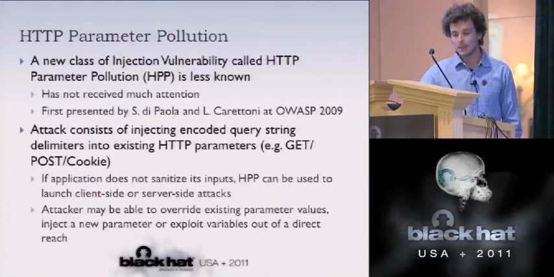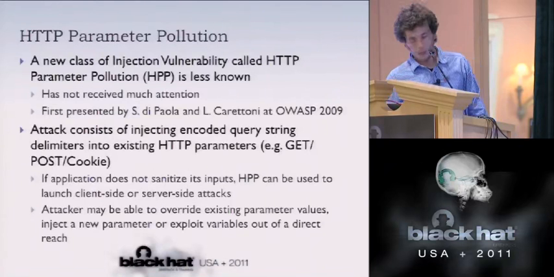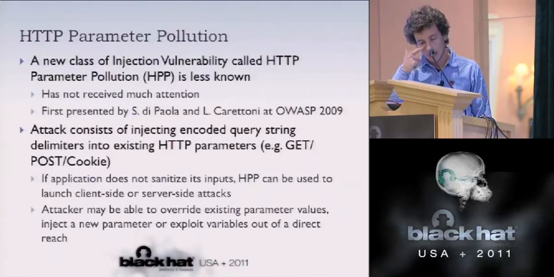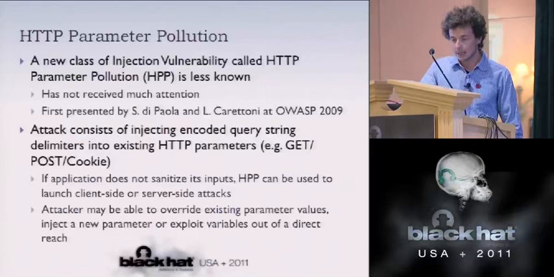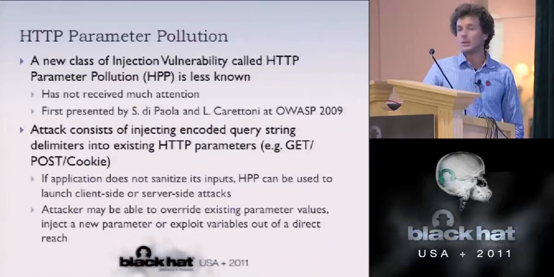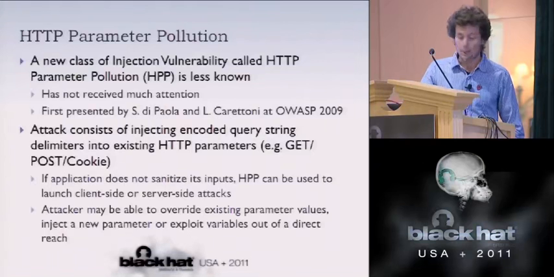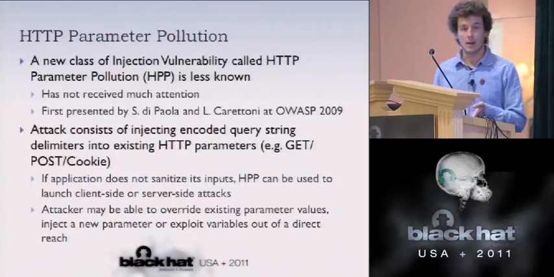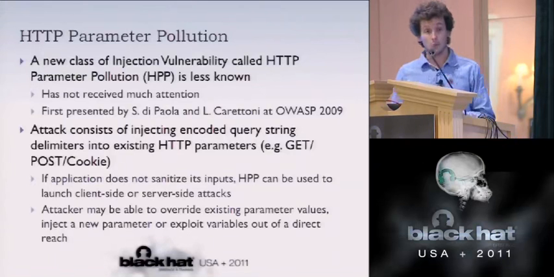The problem is that recently, in 2009 at OWASP Poland, two Italian guys, colleagues of mine, Stefano Di Paola and Luca Carettoni, came out with a new class of injection vulnerability that they called HPP, HTTP parameter pollution.